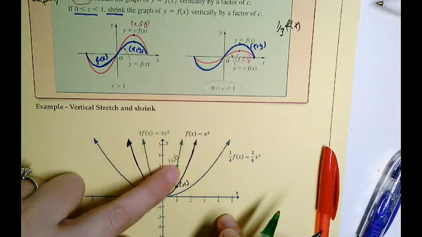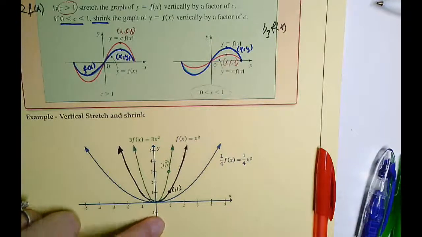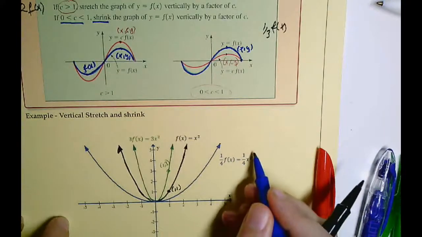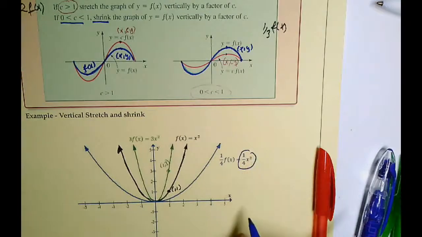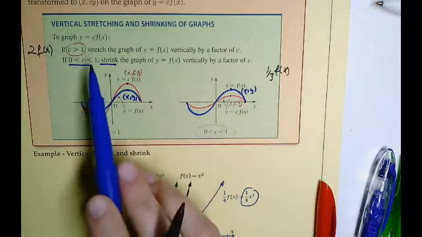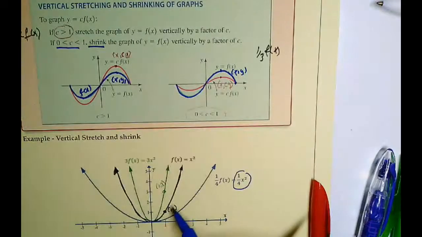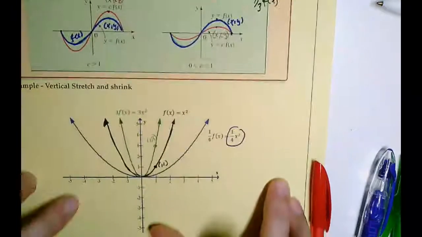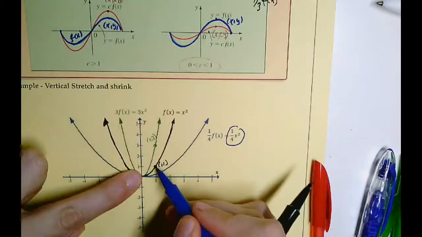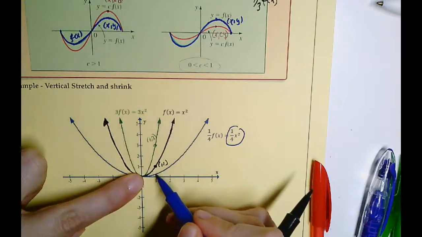What if I want to shrink it? So now if I want to graph f of x equals 1/4 x squared, well, then c is 1/4 in this case, and it's a constant between 0 and 1. So I'm going to take the graph of f of x and shrink it. I'm going to put it in towards the x-axis.